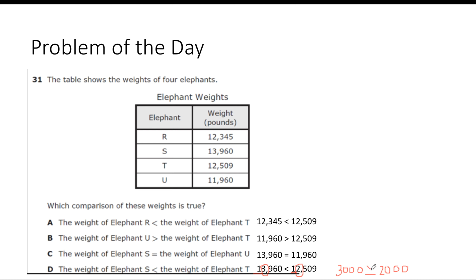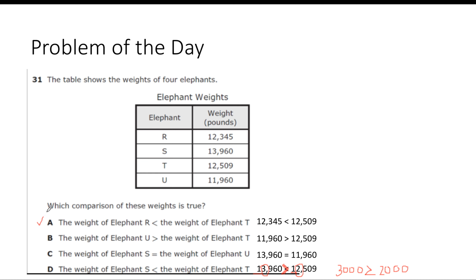Yes, it's greater than. So that means that this number, 13,960, is greater than 12,509. So really this should have a greater than symbol like that. So I know that D is not true.